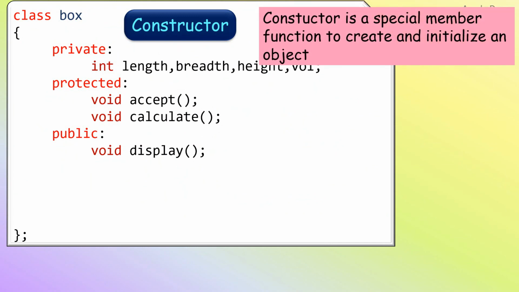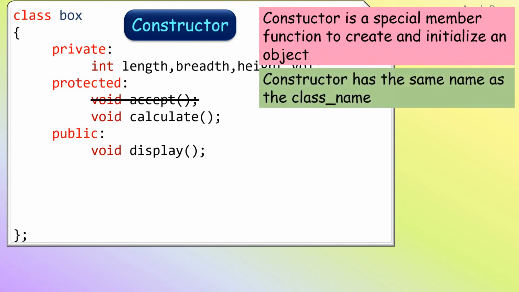Constructor is a special member function to create and initialize an object. I will remove the accept function because I am going to write a constructor inside this class which will initialize the object. Before you begin to write a constructor, you should know some points about constructor.